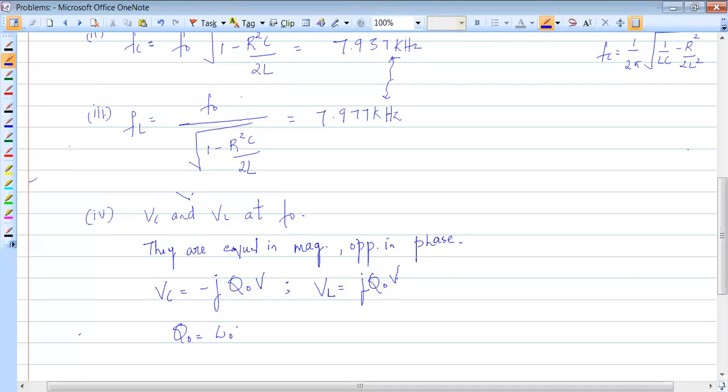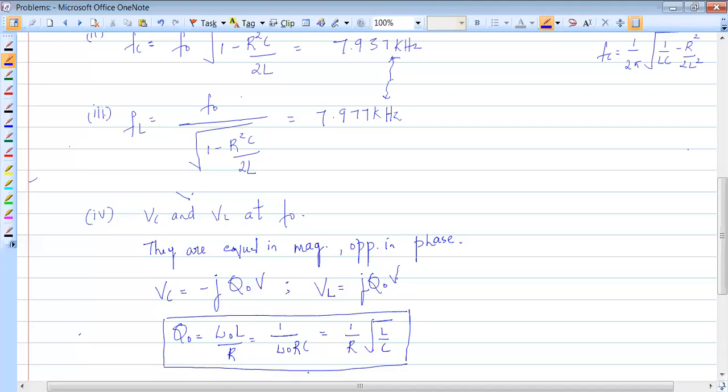You can take that as omega naught L by R, or you can even take that as 1 by omega naught RC, or you can even take that as 1 by R times root L by C. You can take any one among the three equations we have for Q naught at resonance. Let's see how it happens.